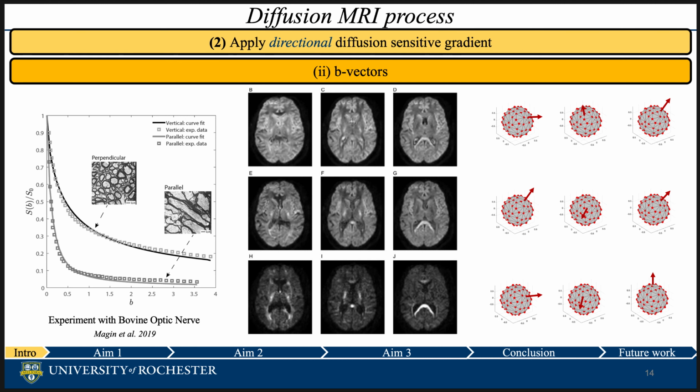And when the spin moves, there will be spin dephasing and we will lose signal. So that will create some blackish region in the contrast. And whenever these B vectors are perpendicular to a particular fiber, then the spins are restricted at a particular region, so they cannot move, and we retain that signal. So that appears as white in these images.